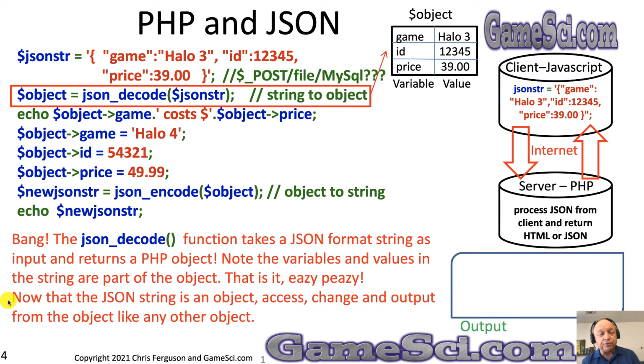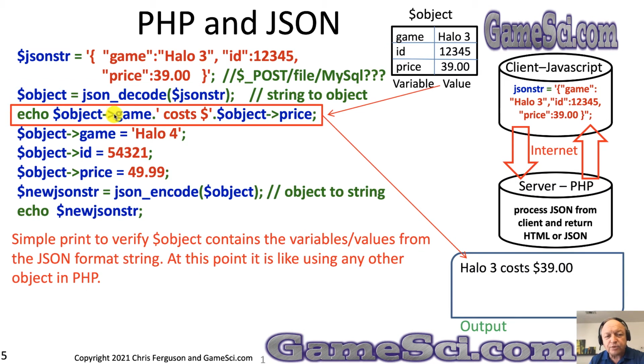Now that the JSON string is an object, access, change, and output from that object is like any other PHP object. Follow this arrow. The data in this string was loaded into a PHP object over here. The variable names match and the values match.